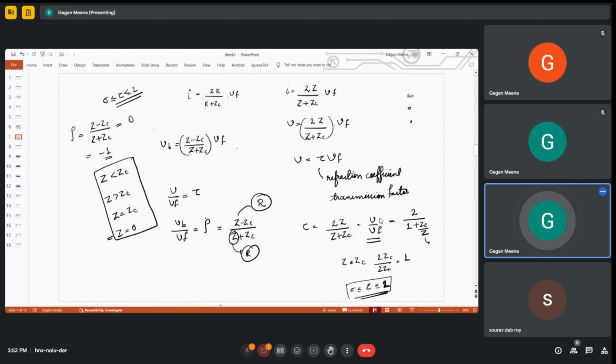When Z is equal to 0, rho is -1. Z equal to ZC, then it becomes 0. If Z is greater than ZC, then rho is greater than 0. If Z is less than ZC, then it is negative.